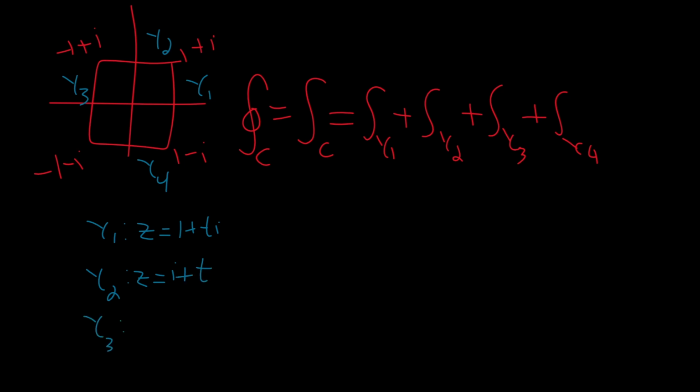And then for gamma 3, we're going to have z equal to negative 1, yeah, negative 1 plus ti. And then for gamma 4, we're going to have z equal to negative i plus t.